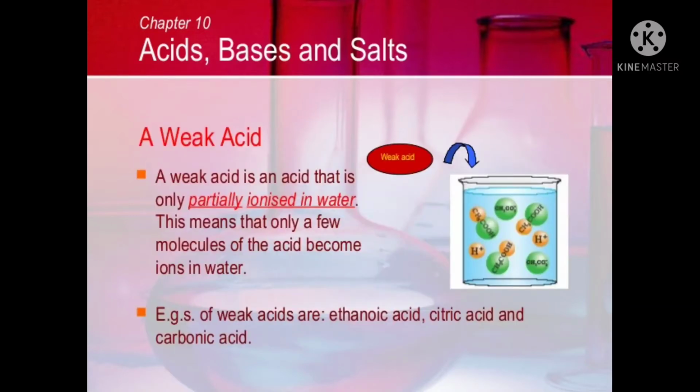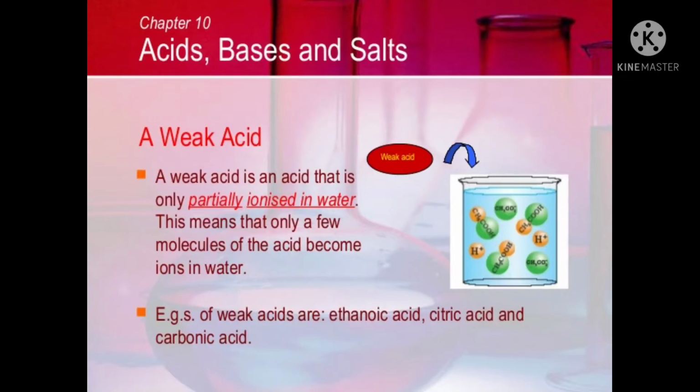All acids can be divided into two groups: strong acids and weak acids. The examples for strong acids are hydrochloric acid, sulfuric acid and nitric acid. Acetic acid, formic acid, citric acid, tartaric acid and carbonic acid are weak acids.